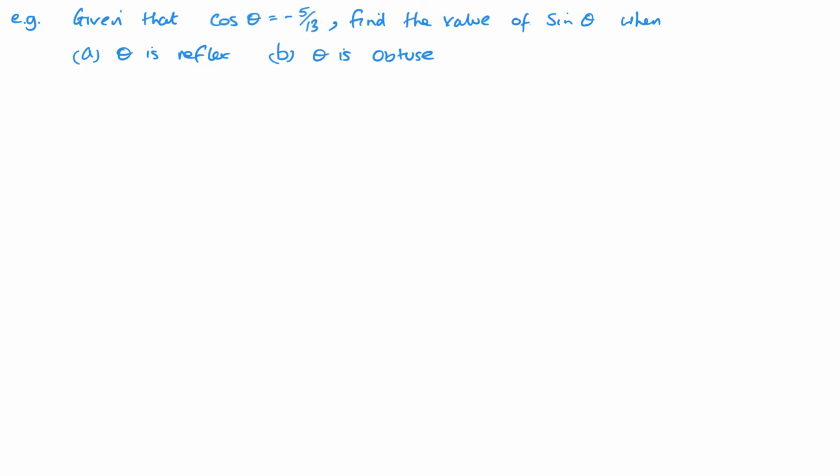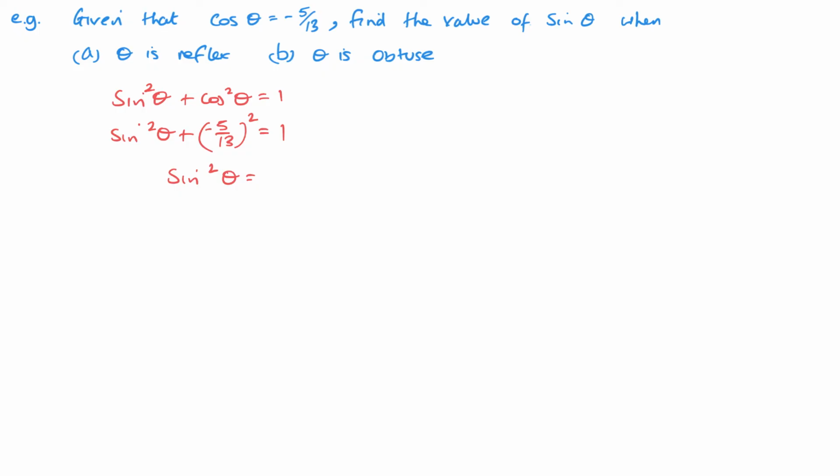Now, alternatively, we can think of this using our identity. So sine squared theta plus cos squared theta is 1. So cos squared is minus 5 over 13 squared. And obviously this is sine squared theta. So sine squared theta is going to be equal to 1 minus 5 over 13 squared.